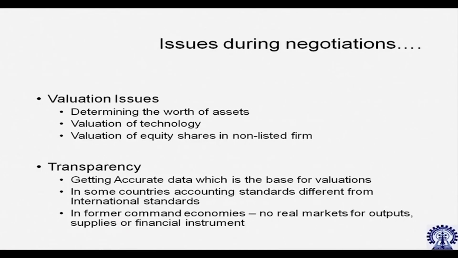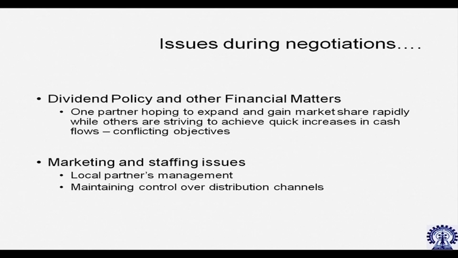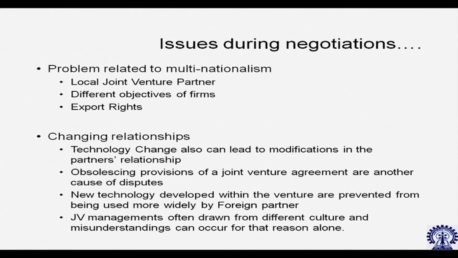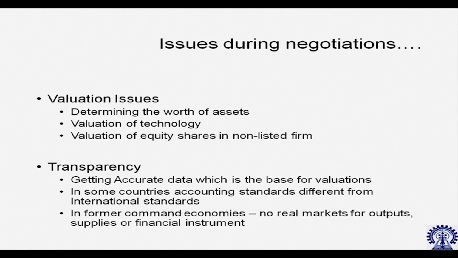So, I am going to talk with you about the valuation issue, then transparency, then the division of management and responsibility, then changes in ownership shares, then dividend policy and other financial matters, marketing and staffing issues, operational problems, conflict resolution, problems relating to multinationalism when you are doing a cross boundary joint venture, and then the changing relationship which might occur due to several reasons. So, let me take you through one after another, starting with the valuation issues.